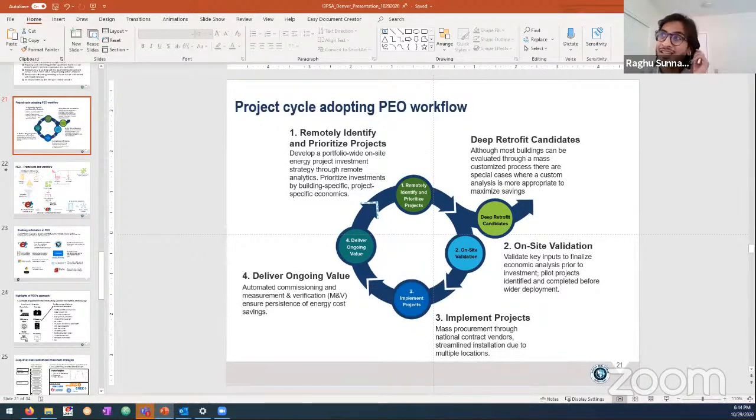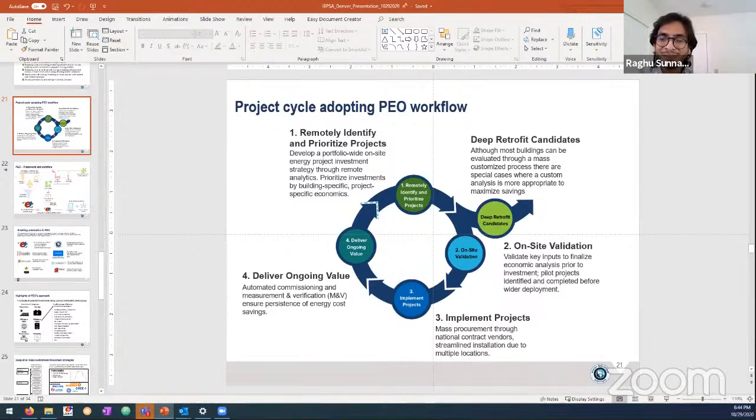But geometry, you're right, is one area where it can be iterated and made more accurate once we've identified a certain building as a deep retrofit candidate. That's another way we can fine tune. Yeah, over time, when a decision is made to proceed with the investments, then you can refine your decisions.